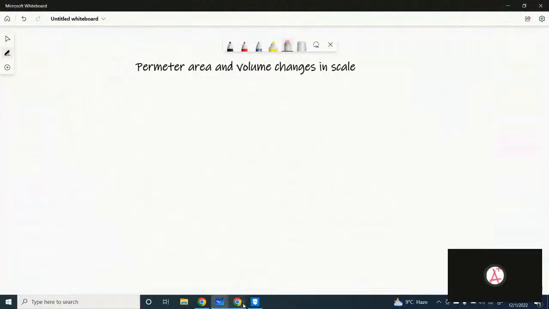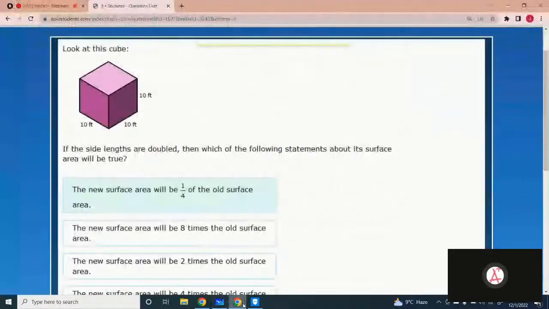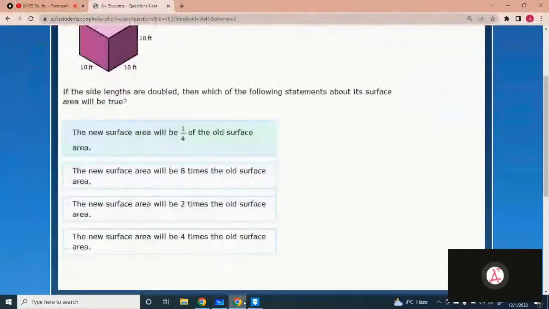Okay, we have a cube and the side lengths are doubled. Now the sides are doubled.